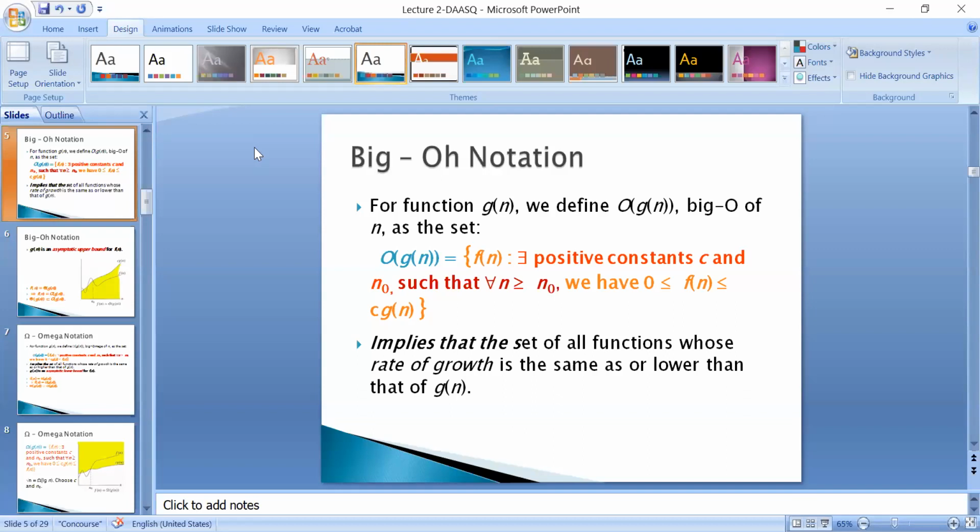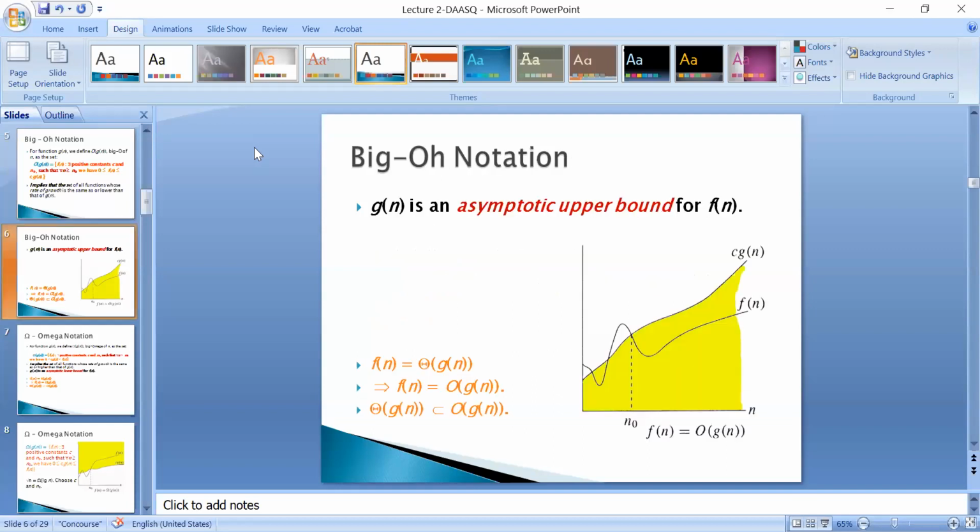So basically, if you see this, this is what your big O notation describes. If you're given two functions, f(n) and g(n), you see f(n) in the graph lies below g(n), and you can see a constant c.